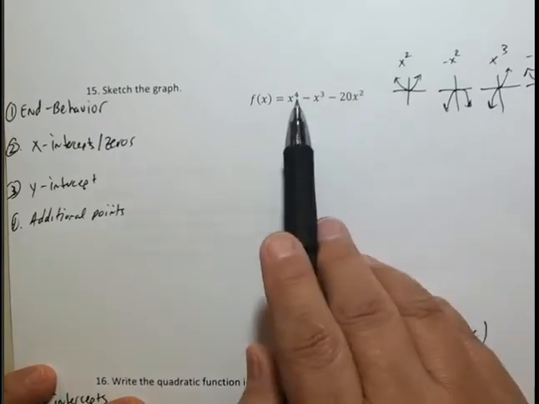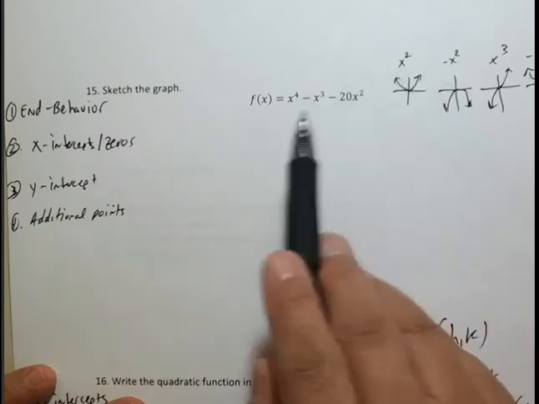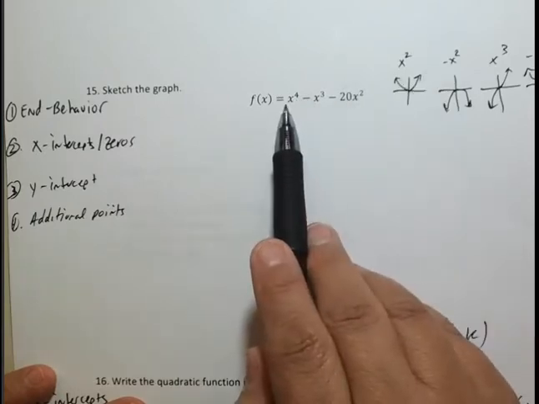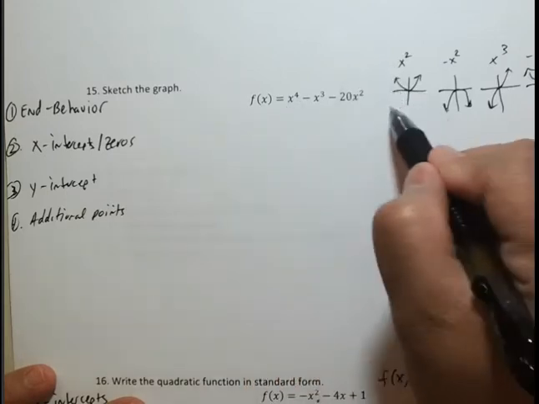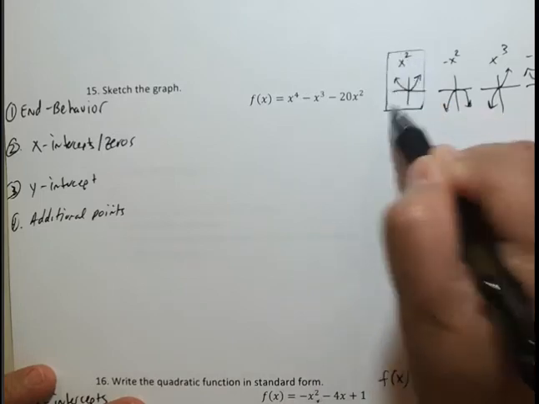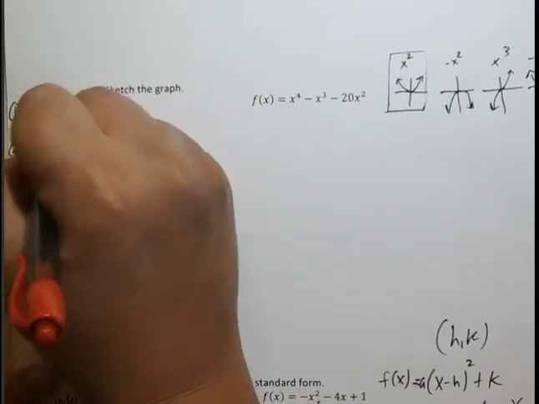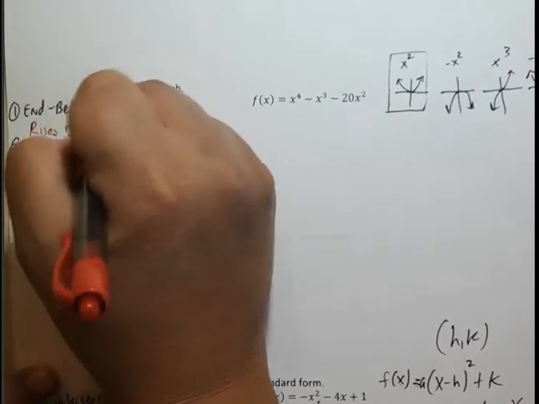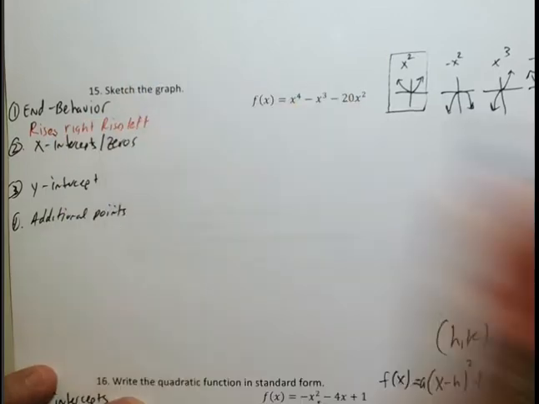Since our exponent is even for the degree, they're going to be in this option or this option. And then the number in front is positive, so we're going to be in this situation. Your end behavior is going to look like this, which we just say rises right and rises left.